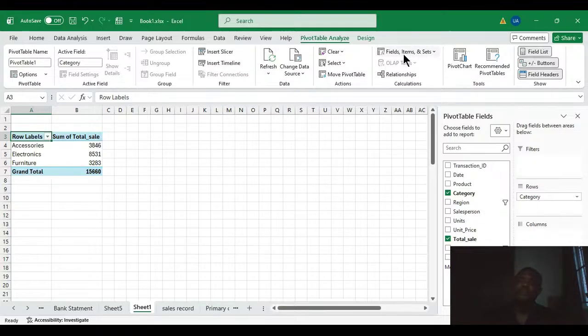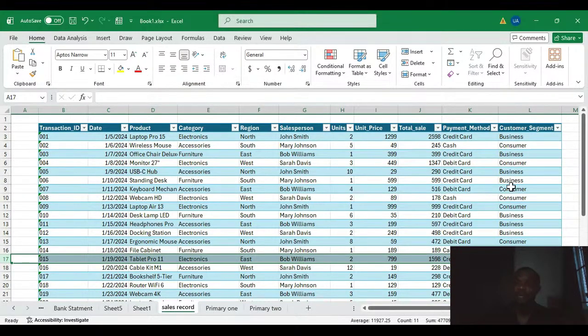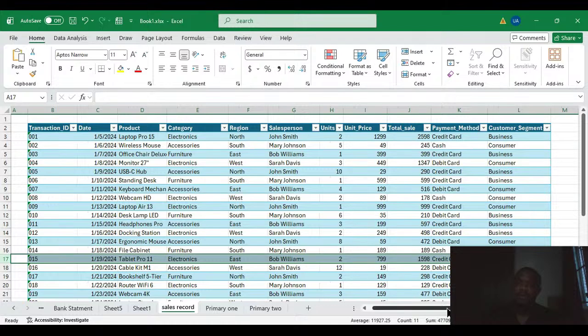In this area, you can use this field option here. The field option is in the pivot table analyze tab, and what it does is help you add an additional field. Let's take for example, I want a field where I can have who sells more and who sells less, like a remark.